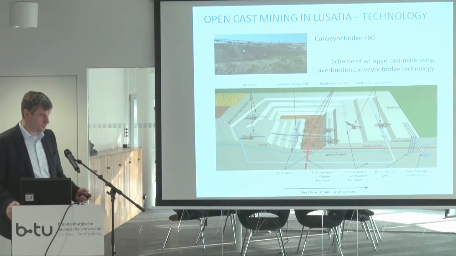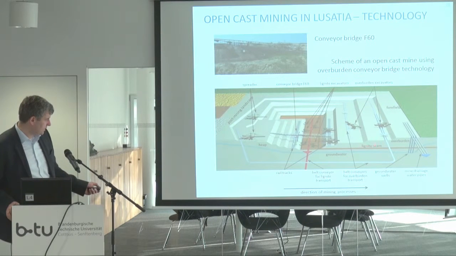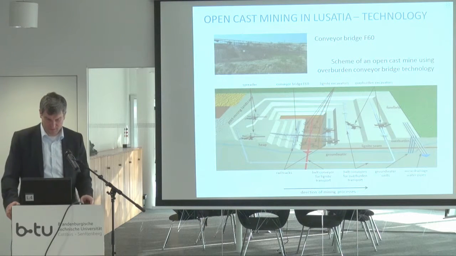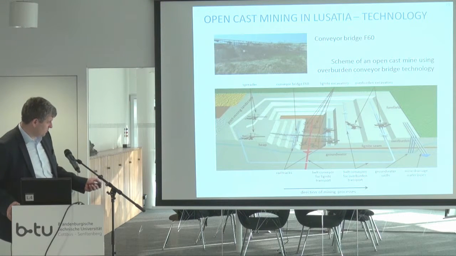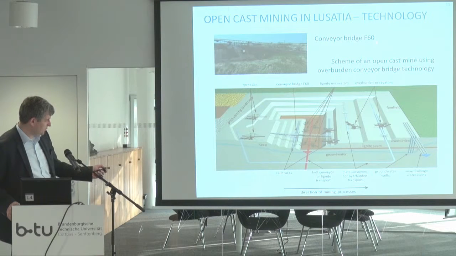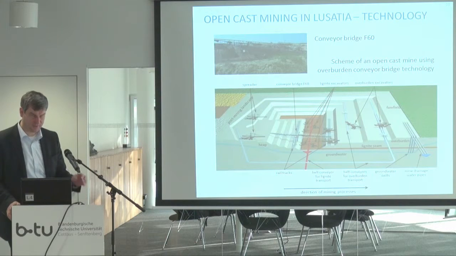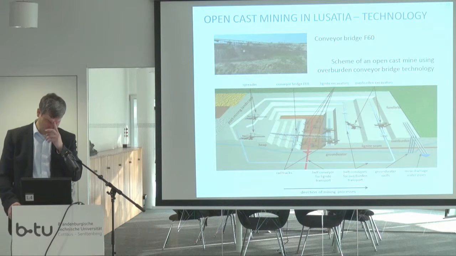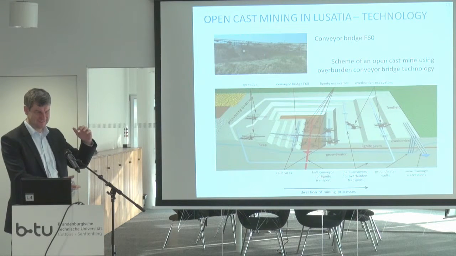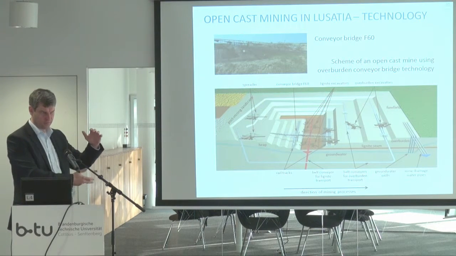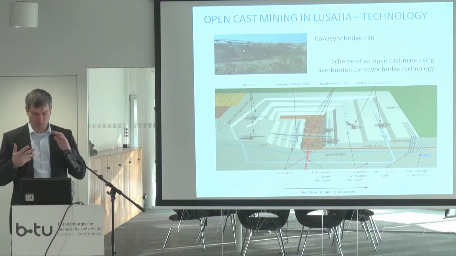Now, the technique we are using here in Lusatia is a so-called strip mining technique. This is very special in that sense that we use a so-called conveyor bridge. And the conveyor bridge, which is used here in Jänschwalde, is called F60. F60 stands for the capacity to transport 60 meters of overburden from one side to the other side in one process.